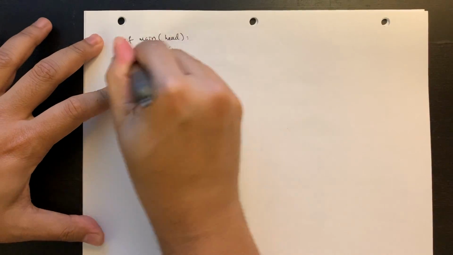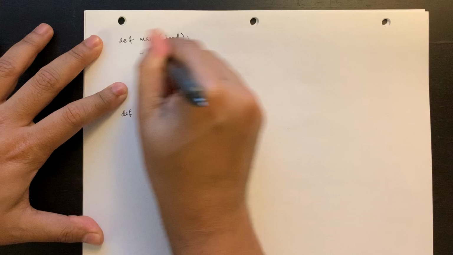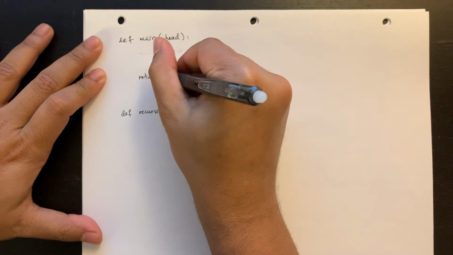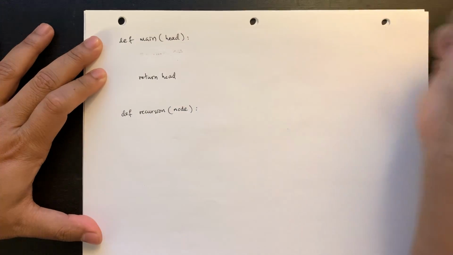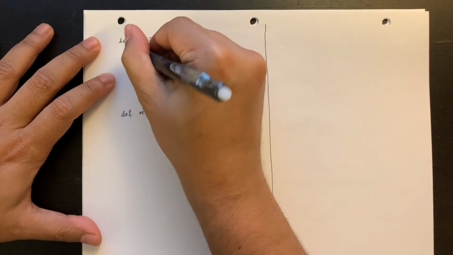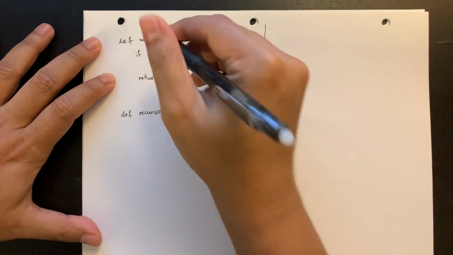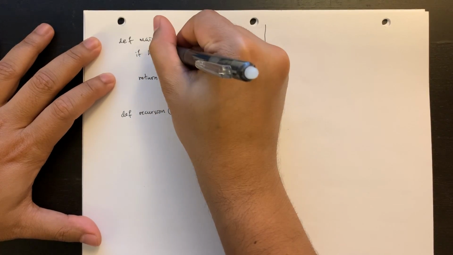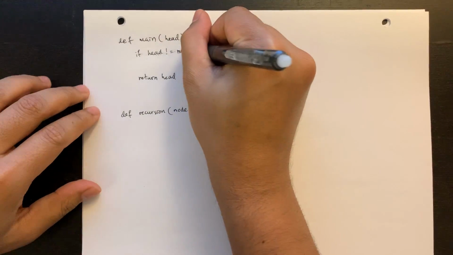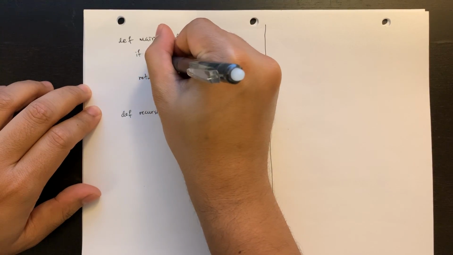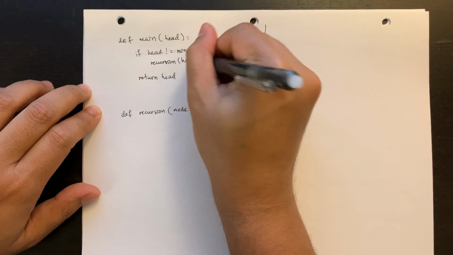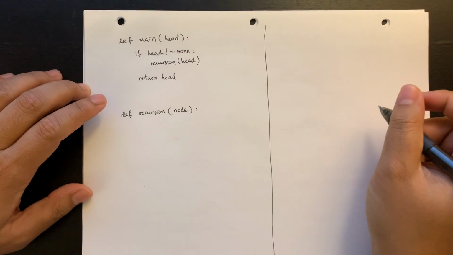Oh, we want to check if head is null first. So the idea is to return head no matter what. But if head is not none, you want to call recursion and pass head. Alright, sounds good.